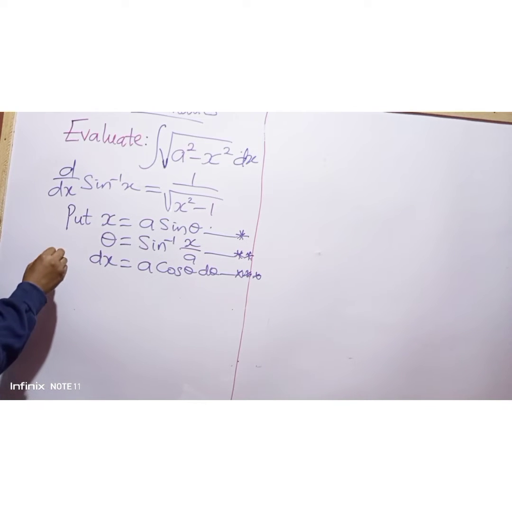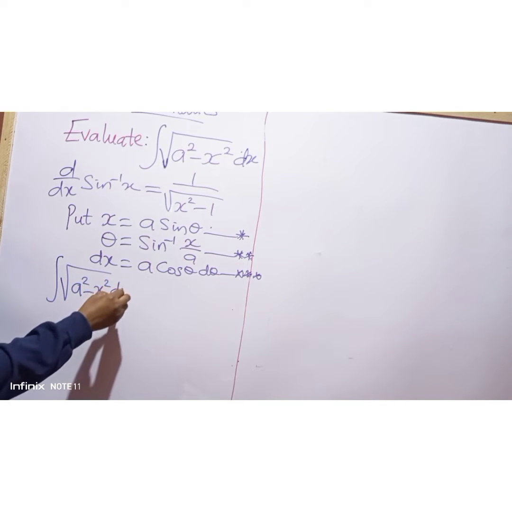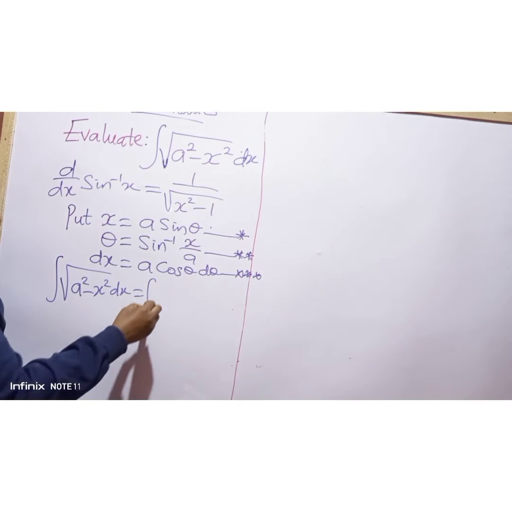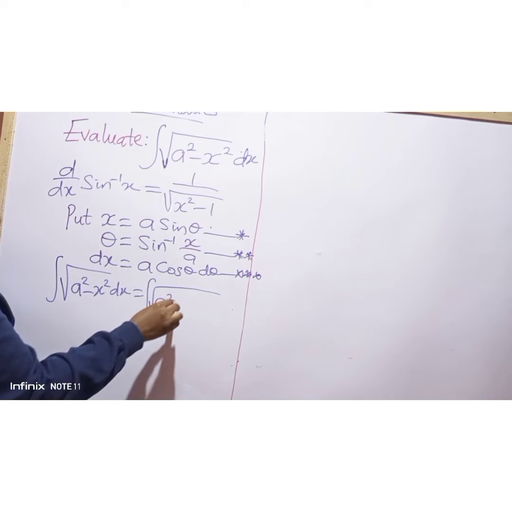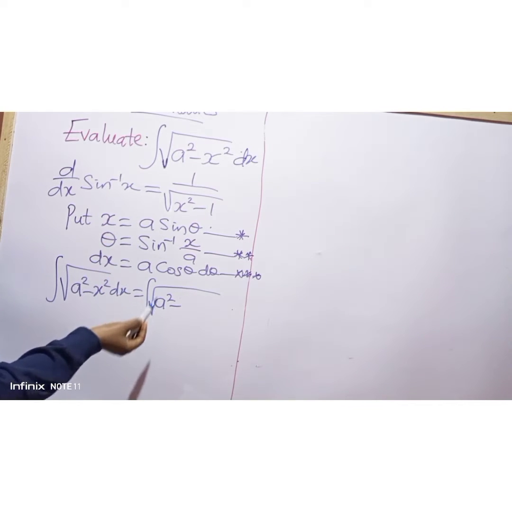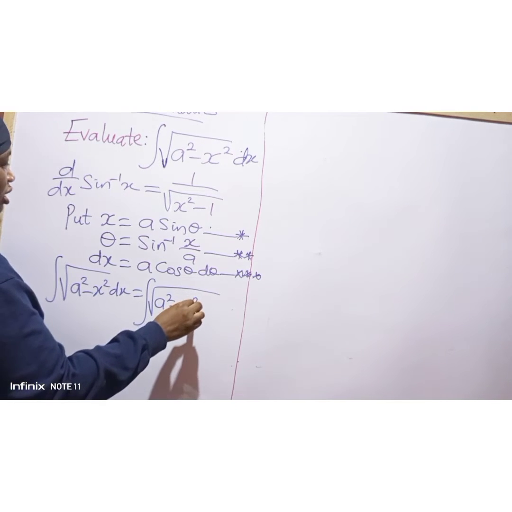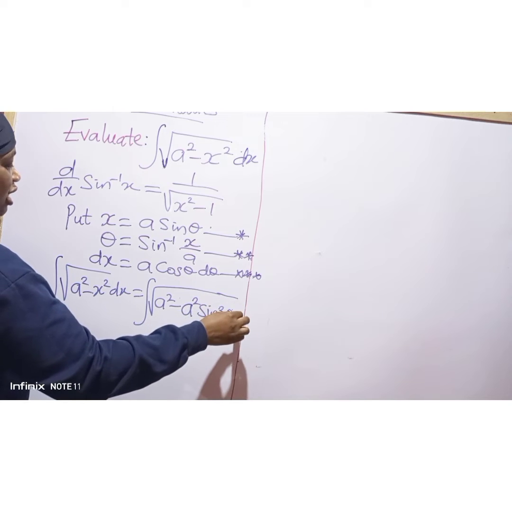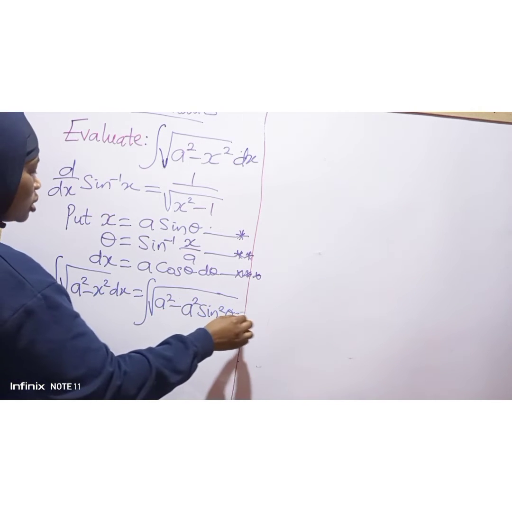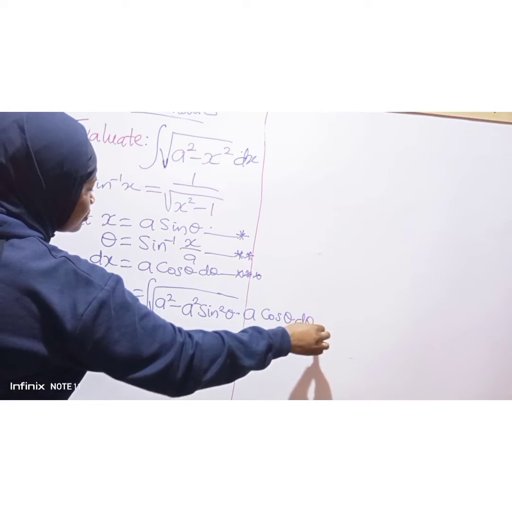So we have the integral of the square root of a squared minus x squared dx is equal to the integral of the square root of a squared, then my x is a sine theta, so x squared gives me a squared sine squared theta, and dx is equal to a cos theta d theta.